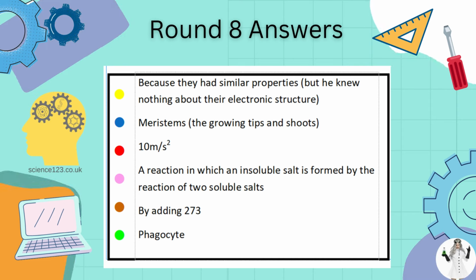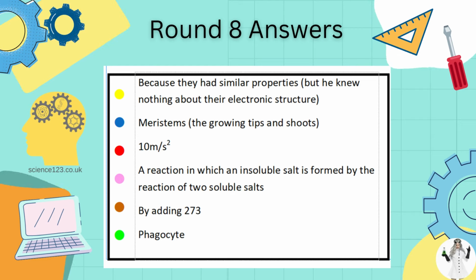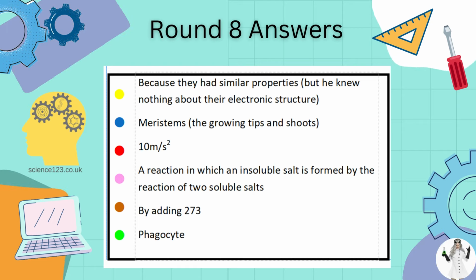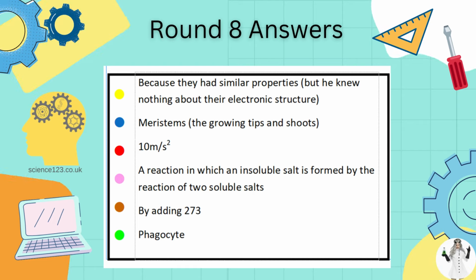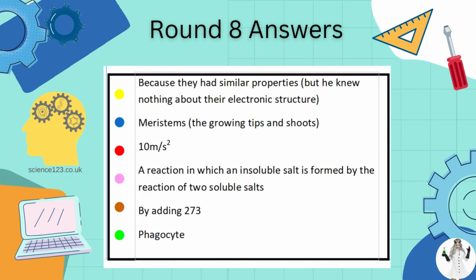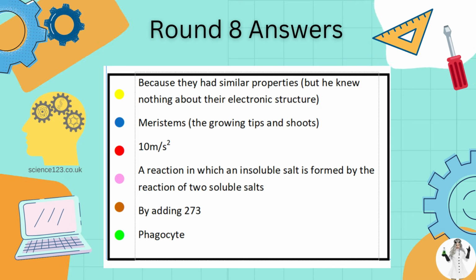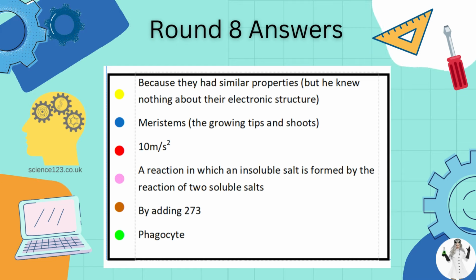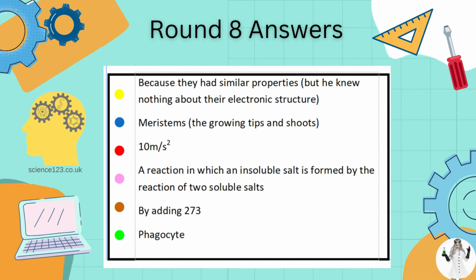A precipitation reaction is one in which an insoluble salt is formed by the reaction of two soluble salts. Degrees C are converted into Kelvin by adding 273. Remember, Kelvin are always bigger. And the type of white blood cell that engulfs bacteria is known as phagocytes.